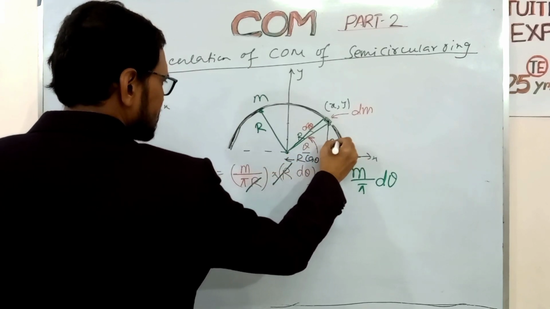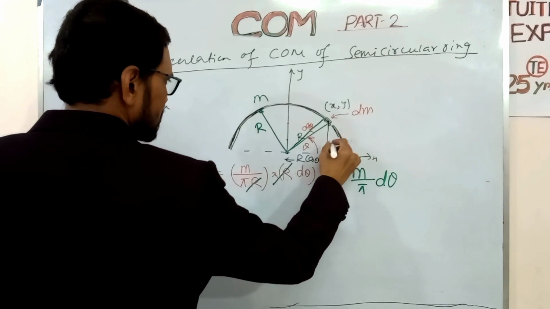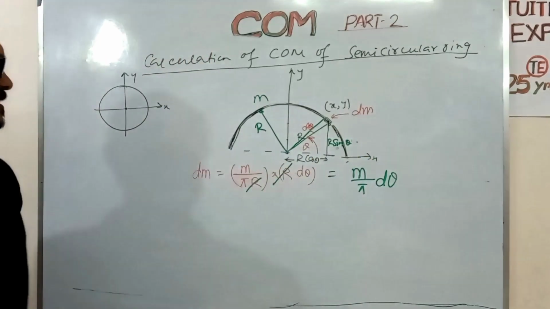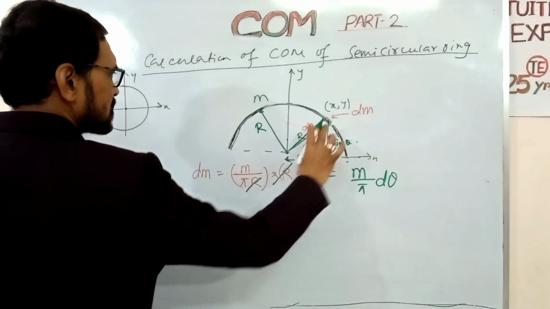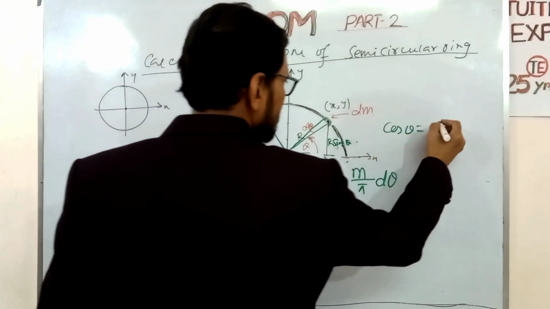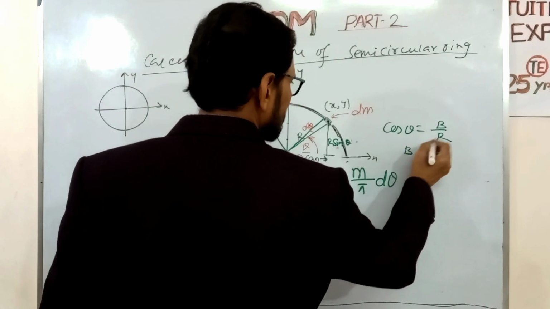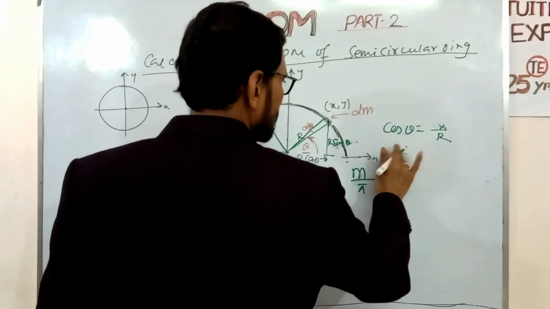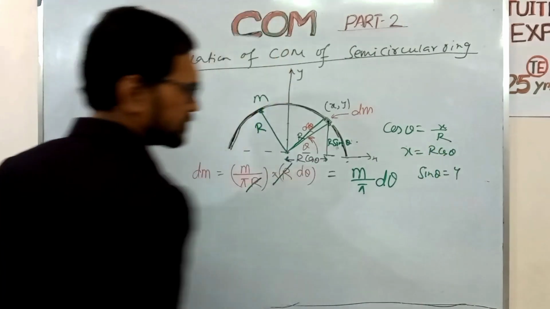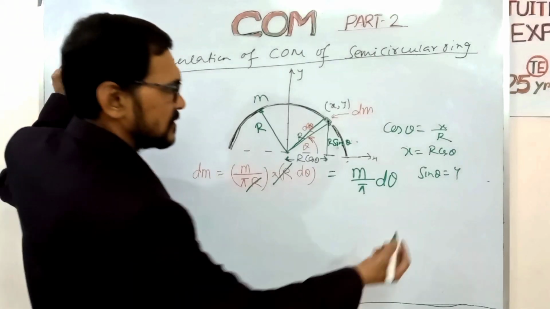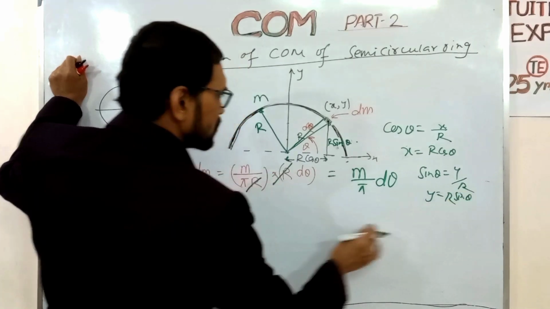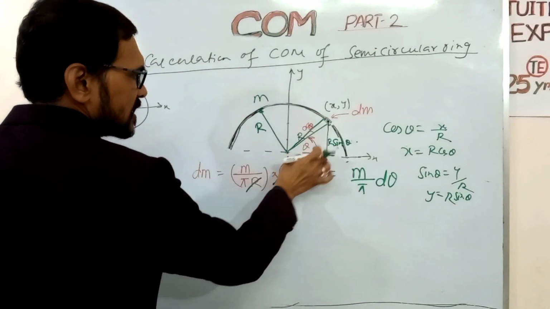From trigonometry, cos theta equals base by r, so x by r, so x equals r cos theta, and sin theta equals y by r, so y equals r sin theta. So the coordinate of x y equals r cos theta and r sin theta.